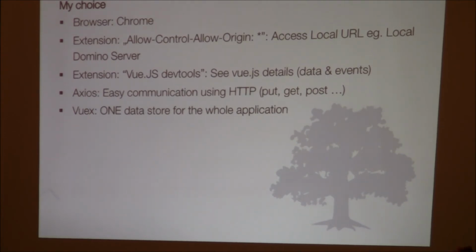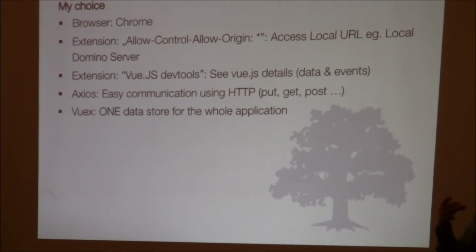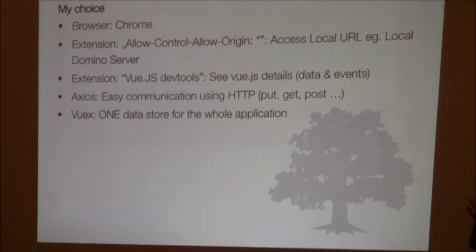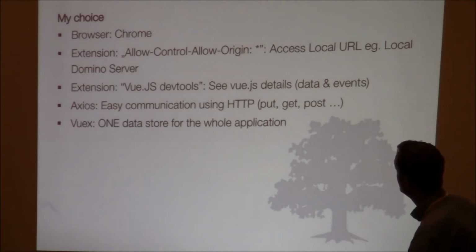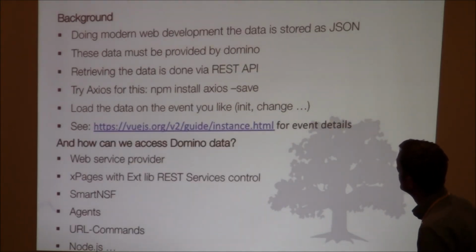You have heard about Flux on the React side. It's a data store. Right now we have the data within one component, in the data part. With Vuex, you have one data container used by all the components within the application. So you can have the data in one place. It's easier if you do it.